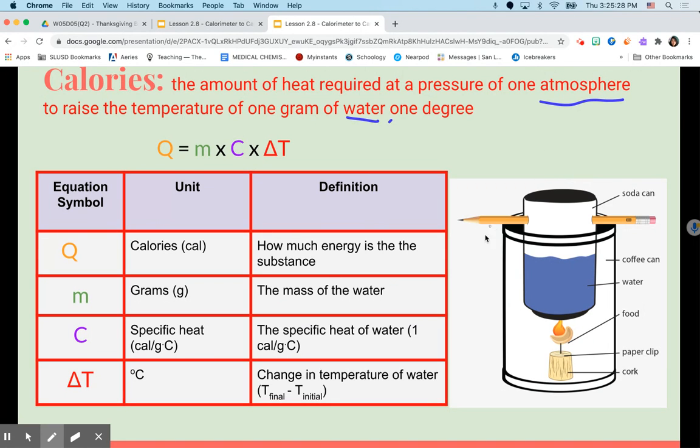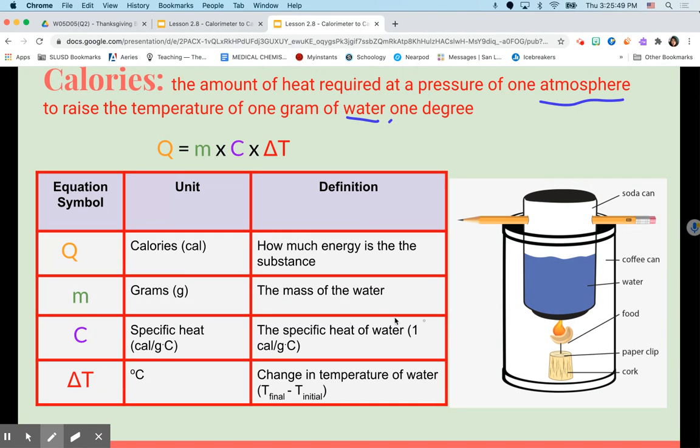So this is a basic calorimeter setup, right? If you were to try to measure calories at home, it would look something like this. You would have your food, where there's energy stored, and you would burn that food, similar to what was mentioned in lesson 2.7.